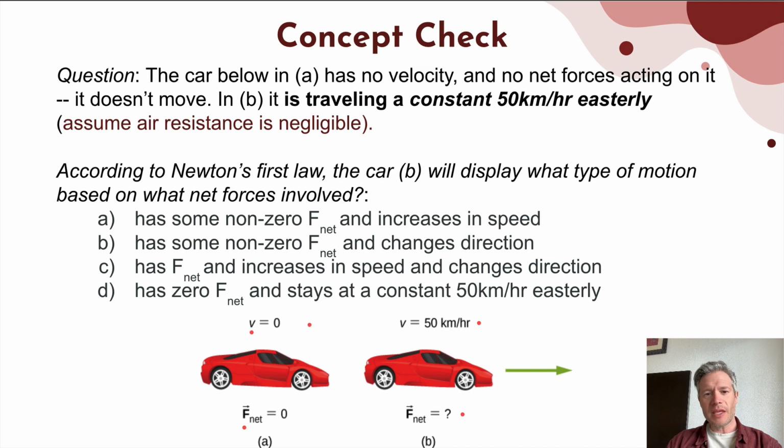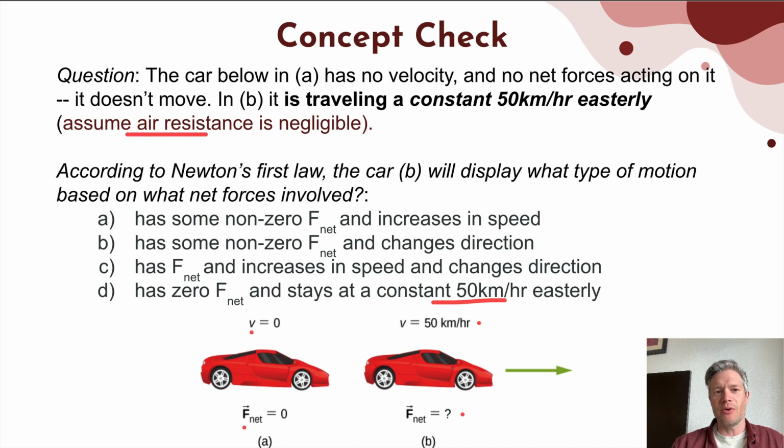And why are we saying that? Well, it has a constant 50 kilometers per hour. If we had some sort of net force, we'd expect the velocity to be increasing. Why? Well, we know from Newton's first law that things in motion will stay in motion.